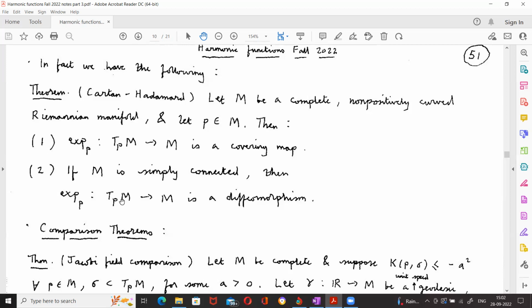So in particular, it is contractible. Here you see that curvature has implications for the topology of the manifold. So just simply connected together with non-positive curvature implies contractible.